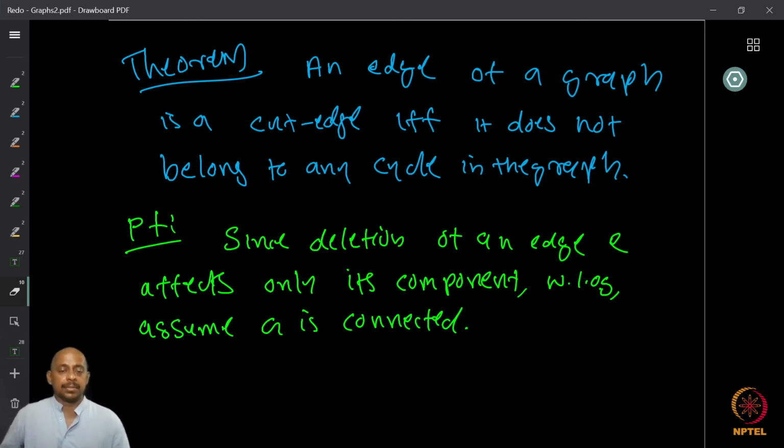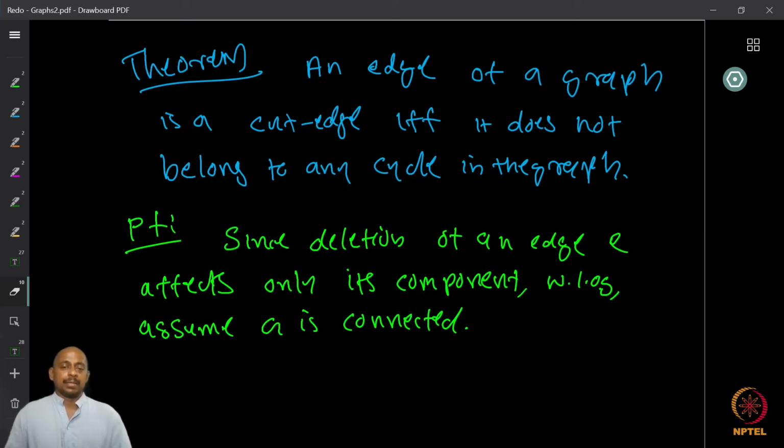Now, usually a cut edge is also called a bridge. So we also have this notion of bridge. If you see that E is a bridge, you can assume that it is basically an edge whose removal increases the number of components. Now, the deletion of an edge affects only its component. To prove this theorem, you notice that if I have several components in the graph to start with, and if I delete an edge, the number of components in the graph increases only if the component itself increases the number of components, because this edge cannot change the connectivity of any other component.